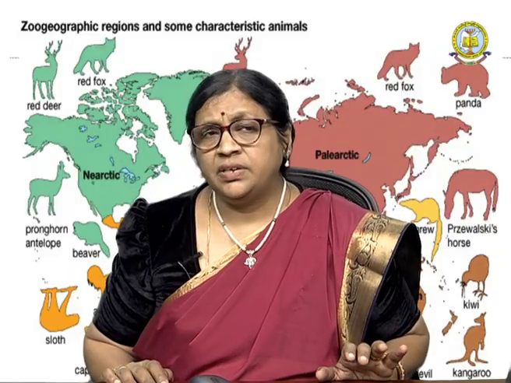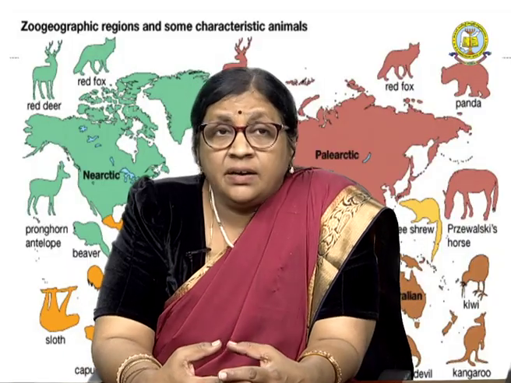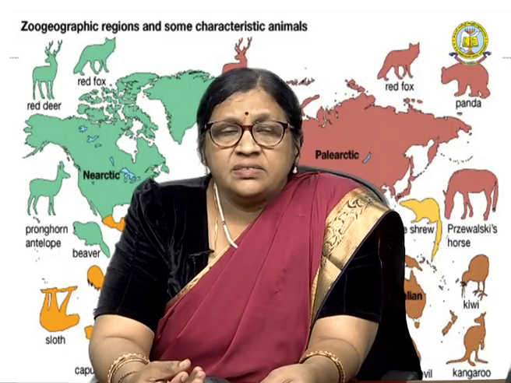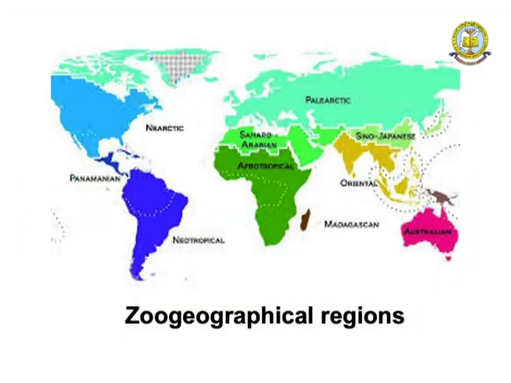And the Australian region is very specific regarding the primitive organisms, where we can also find the primitive flightless birds and the primitive mammals in this particular region.